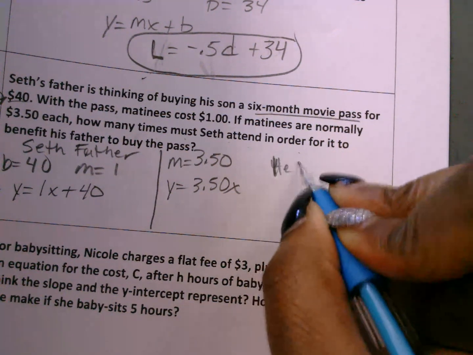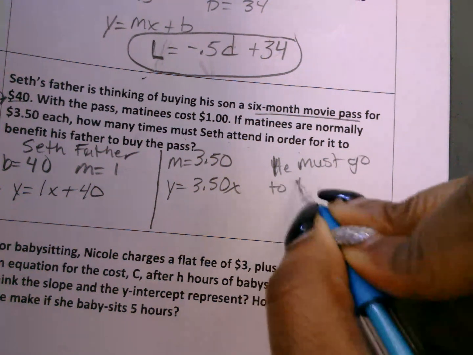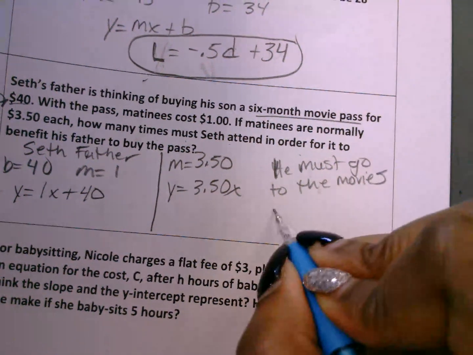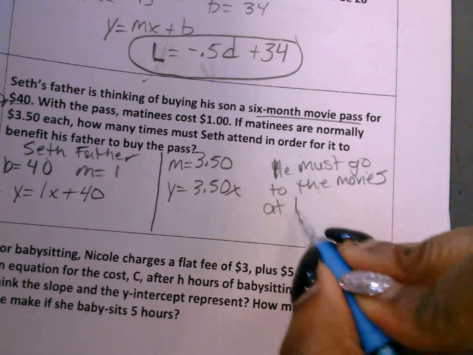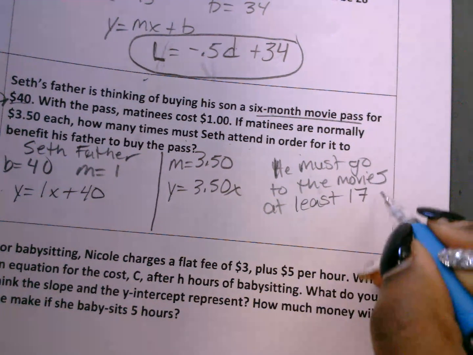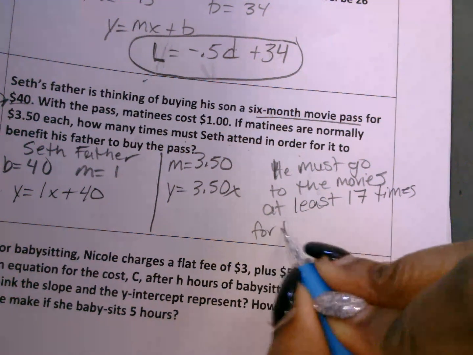Say he must go to the movies at least 17 times. So it can be more than 17, but at least 17 times for the father's deal to be cheaper.